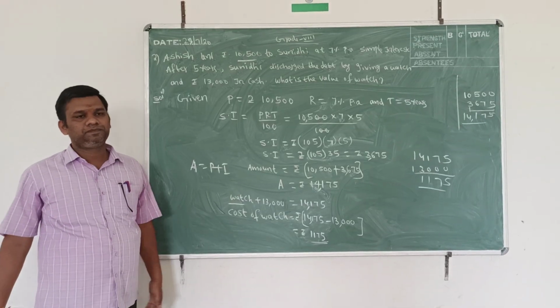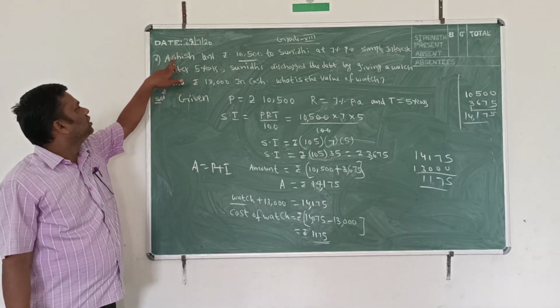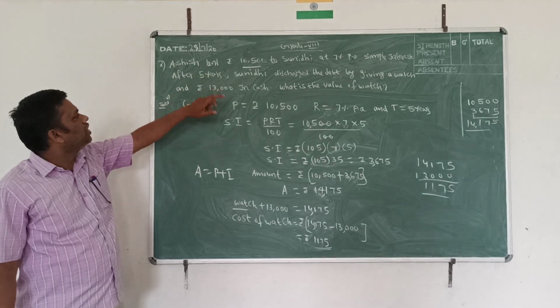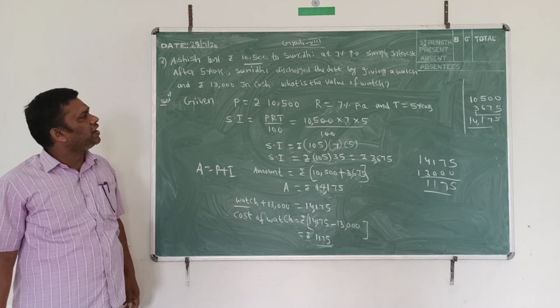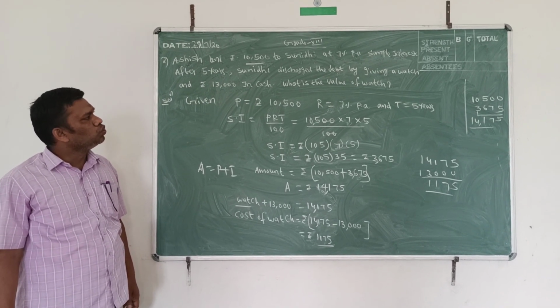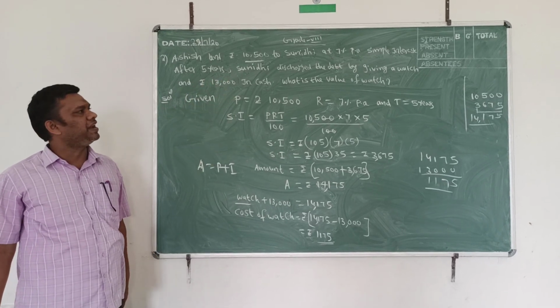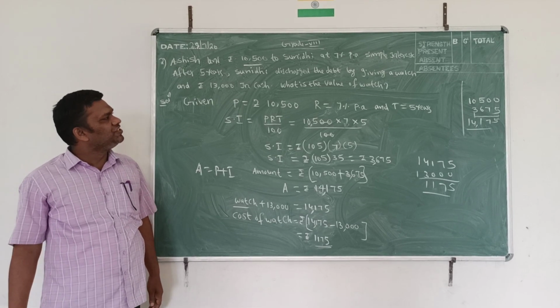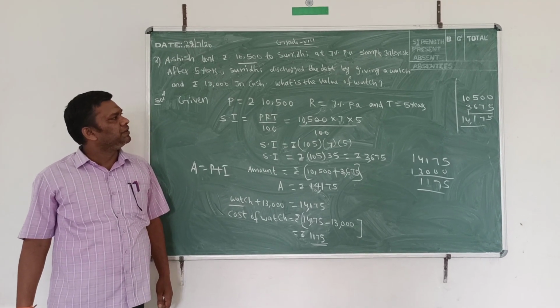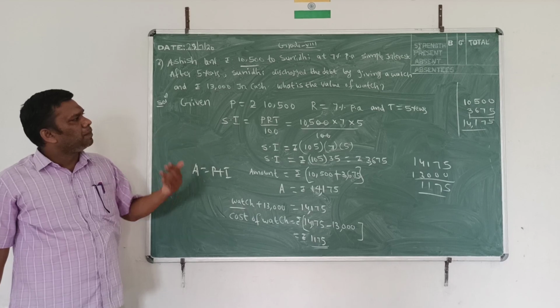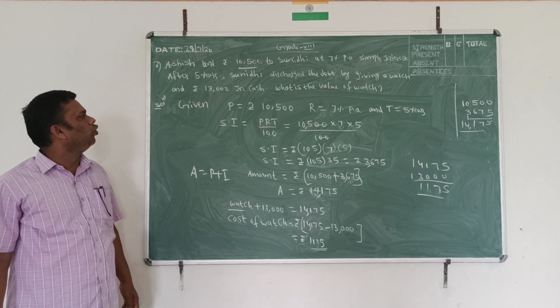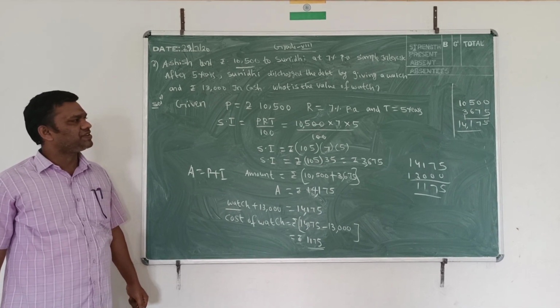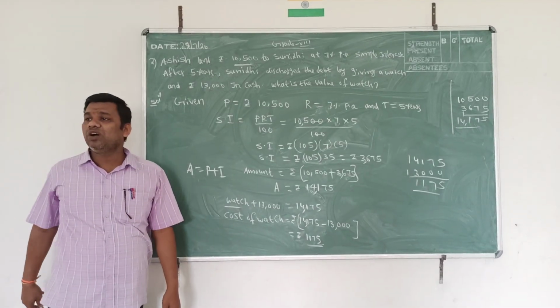Now see here, next problem. Ashish lent rupees 10,500 to Sunidhi at 7% per annum simple interest. After 5 years, Sunidhi discharged the debt by giving a watch and rupees 30,000 in cash. What is the value of the watch?